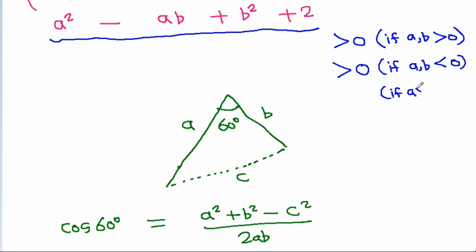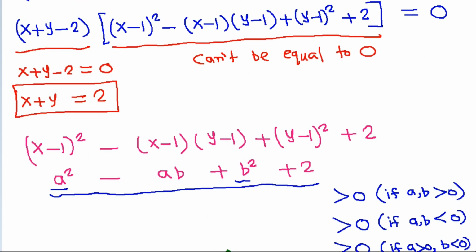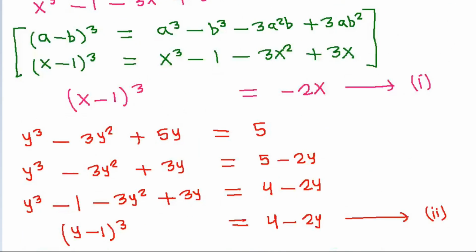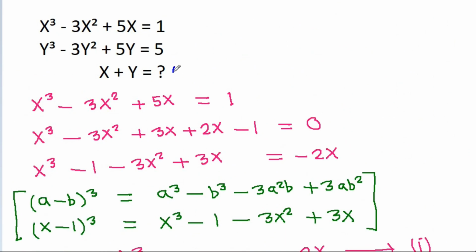And if one is positive and the second is negative, then a square will be positive, minus ab will be positive and b square will be positive and 2 is positive, so it will be positive. Hence this cannot be equal to 0, and hence x plus y is equal to 2.